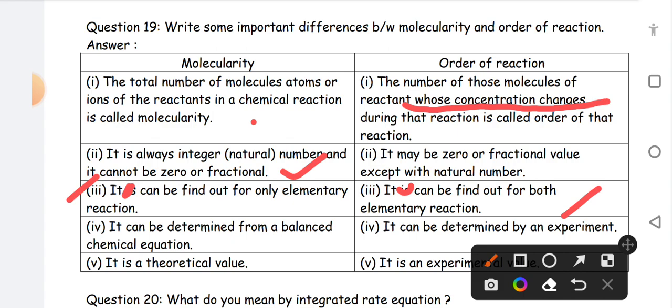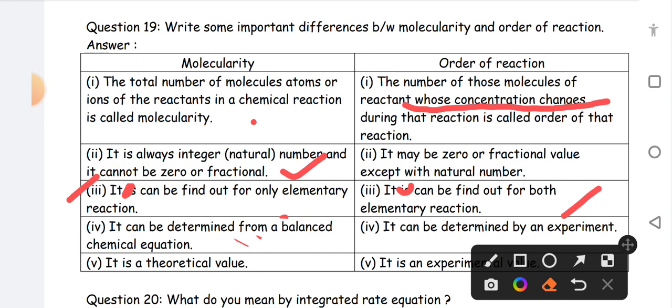Fourth difference, molecularity can be determined from a balanced chemical equation. You can find out the molecularity with the help of a balanced chemical equation. Order of reaction can be determined by an experiment. Without experiment, order of reaction cannot be found out, because with the help of experiment we can find out the rate law expression.